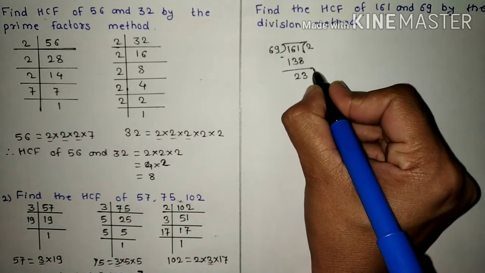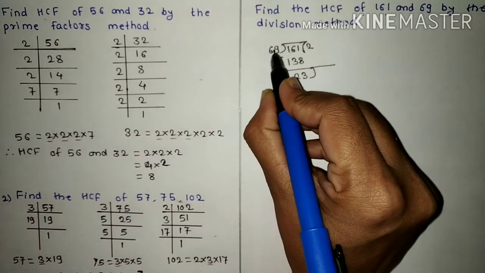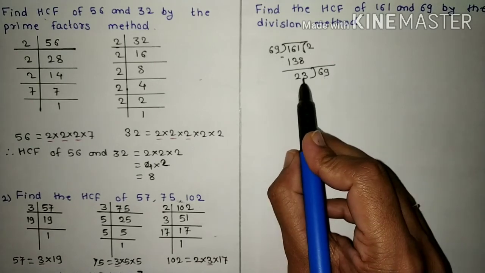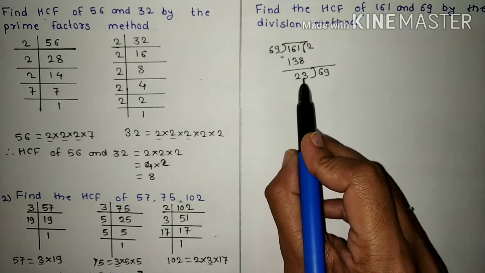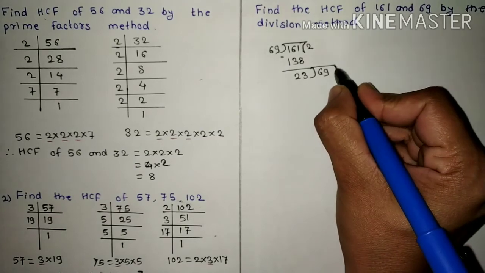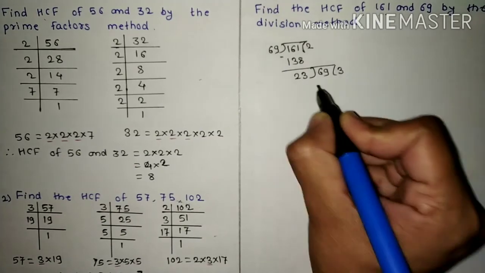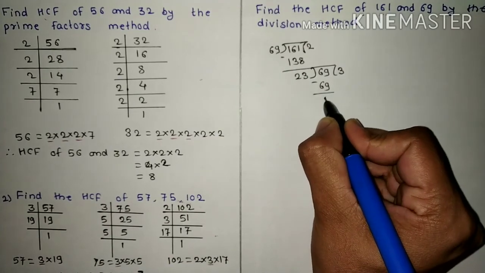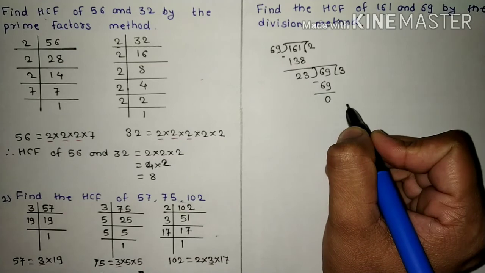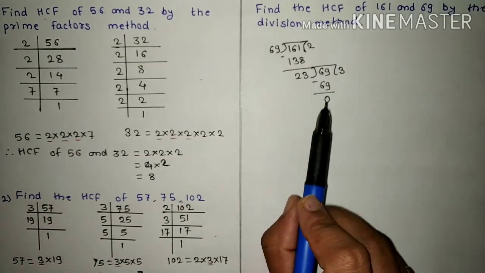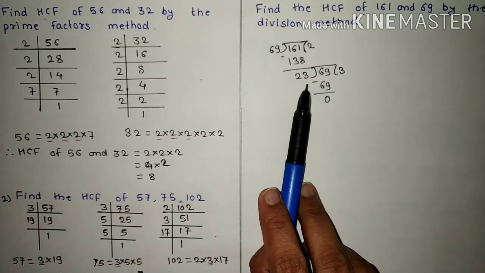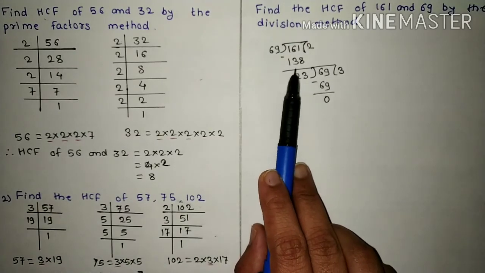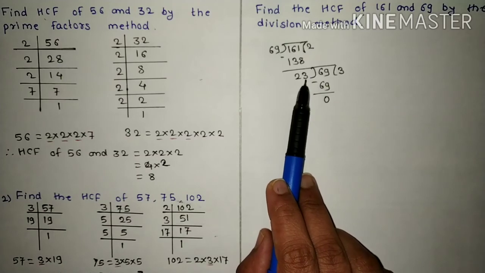Now divide the previous divisor by the remainder. So the divisor is 69. Here we divide 69 by 23. 23 threes are 69. Remainder is 0. So the divisor in the division in which the remainder is 0 is the HCF of the given numbers.